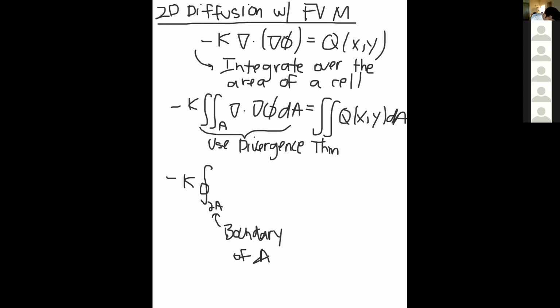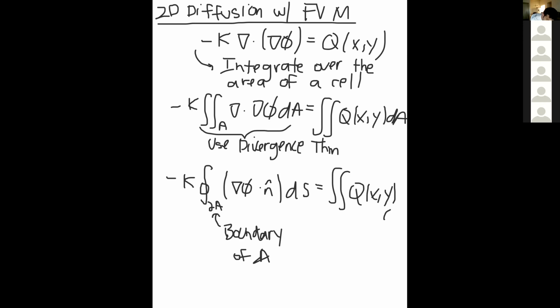In the integrand, we have the gradient of phi dot n, and since this is a line integral, we do ds, and then times the double integral of q(x,y).